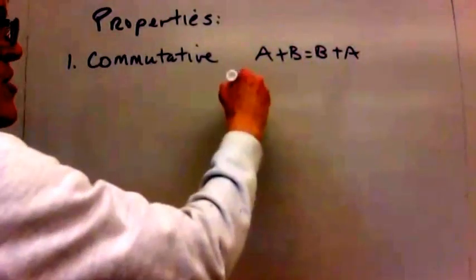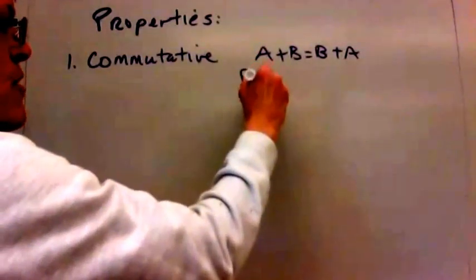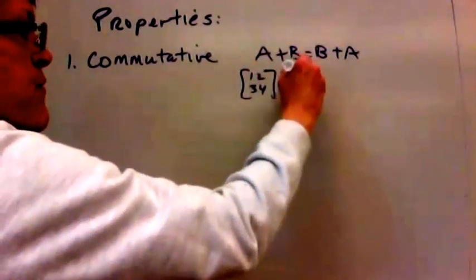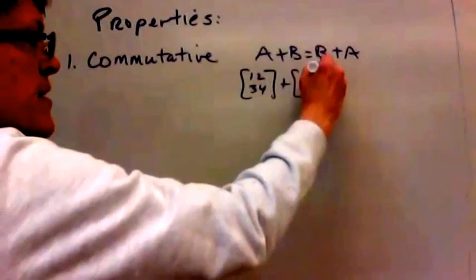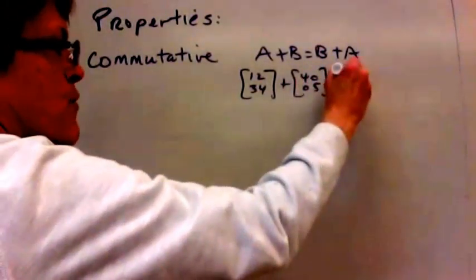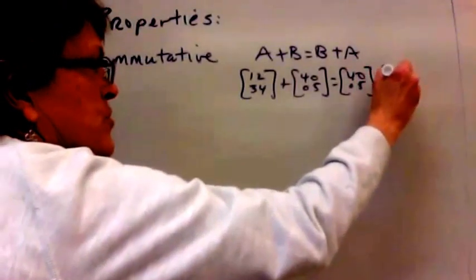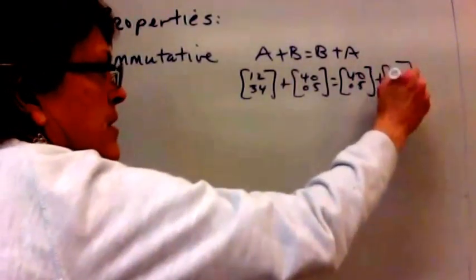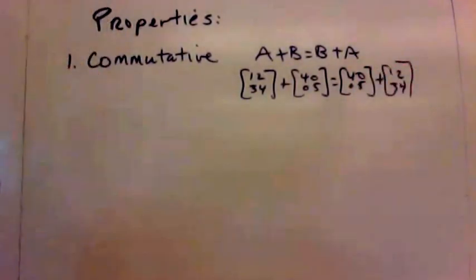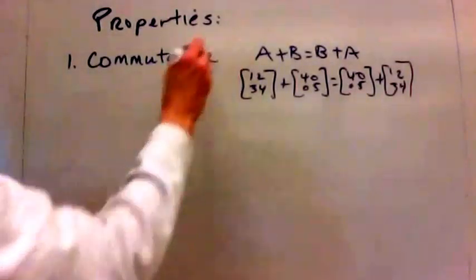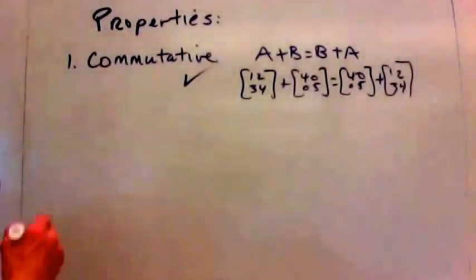Picture that. Picture an example. 1, 2, 3, 4 plus 4, 0, 0, 5. Would that be the same as 4, 0, 0, 5 plus 1, 2, 3, 4? What do you think? I think definitely commutative property will work.